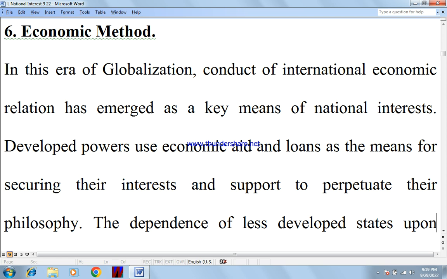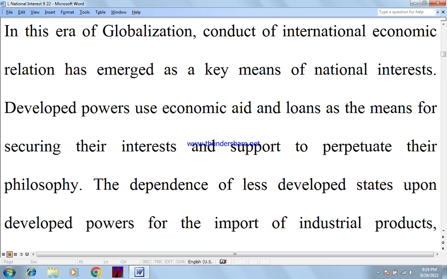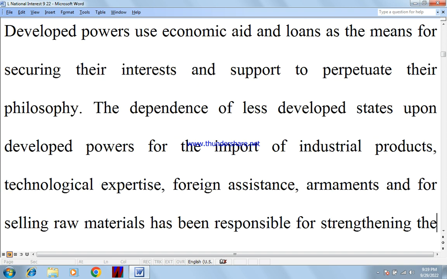Number 6. Economic method. In this era of globalization, the conduct of international economic relations has emerged as a key and important means of national interest. Developed powers use economic aid and loans as the means for securing their interest and support to perpetuate their philosophy.